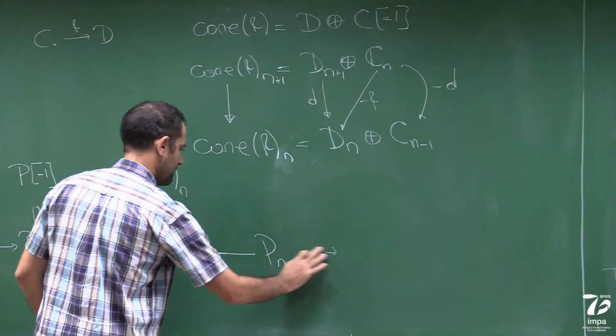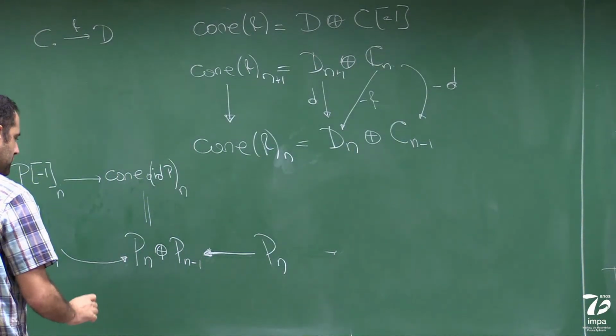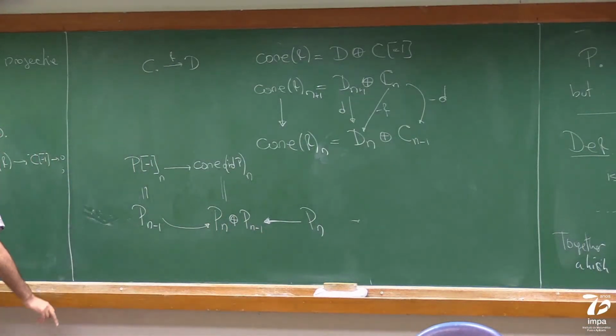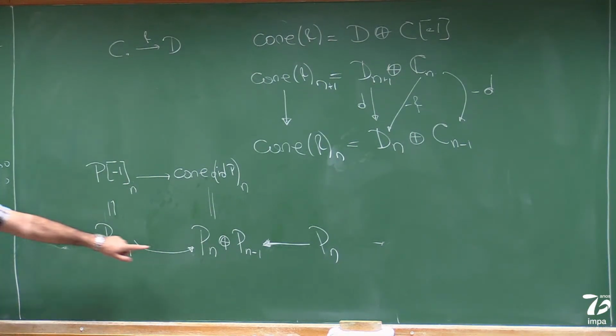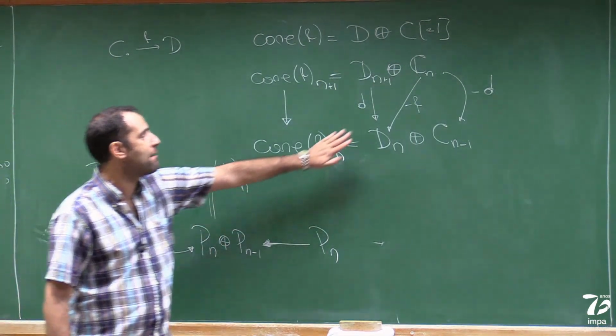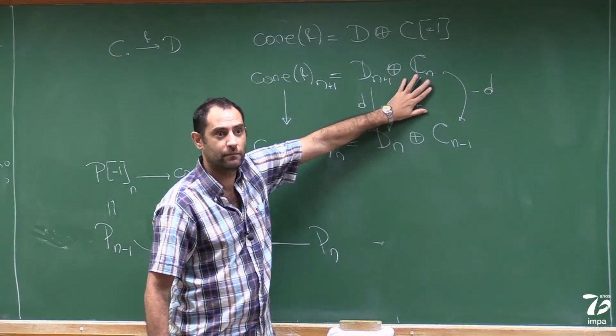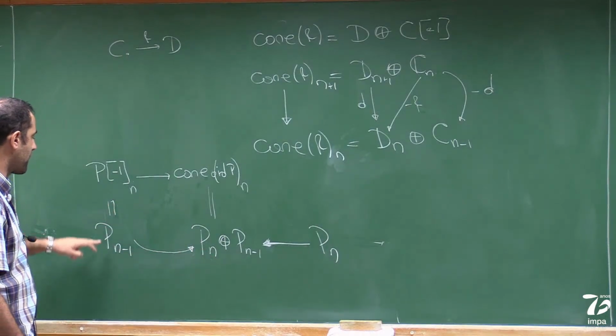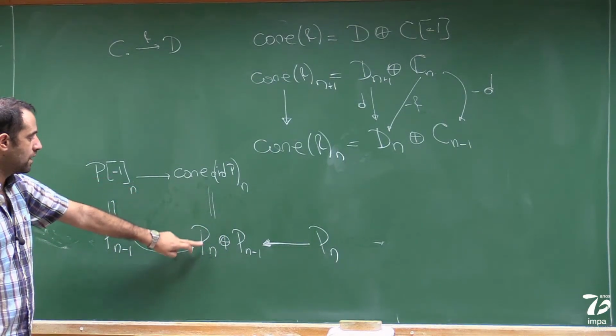I'm just writing this as a direct sum of these two. However, this is an exact sequence of complexes. So this, as a direct sum of two complexes, has a differential where this map F does not appear, which is the identity. So that's really the lifting that goes from Pn minus 1 to Pn.